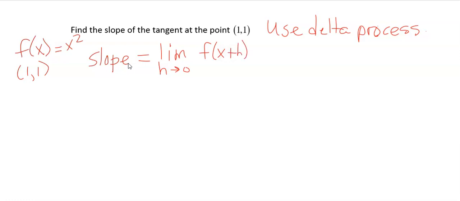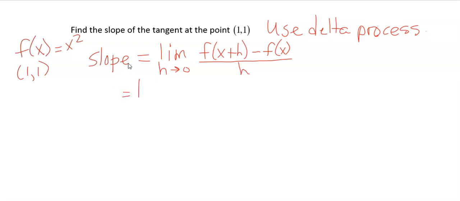Now you should know what to do there. You plug x plus h into the function. Minus f of x, all over h. Now again, note carefully, you cannot just plug a 0 in for h, because if you did, you'd get 0 over 0, and no one knows what that is. That's undefined actually.